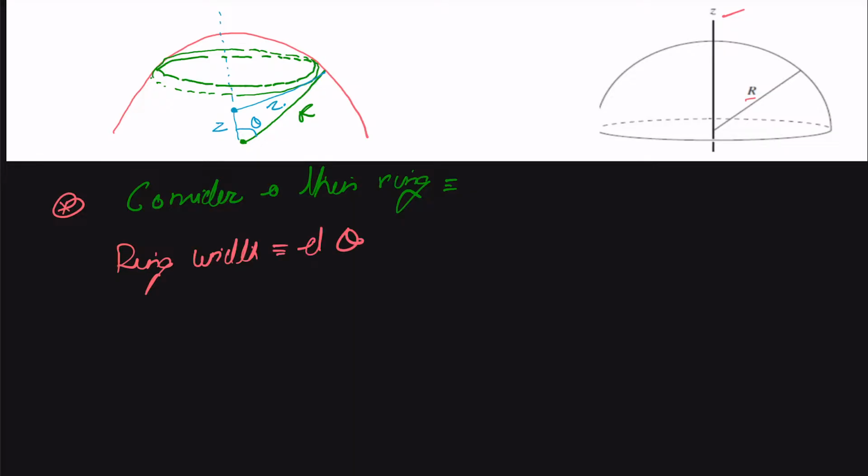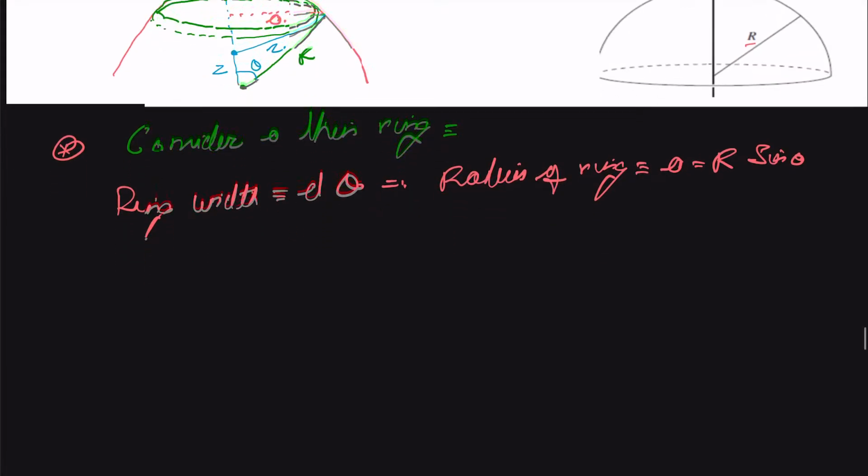Therefore we can find the radius of the ring, because this is a 90 degree angle. So the ring width is d theta, and the radius of the ring, let us suppose it is a, will be equal to r sine of theta. So this is our radius of the ring.